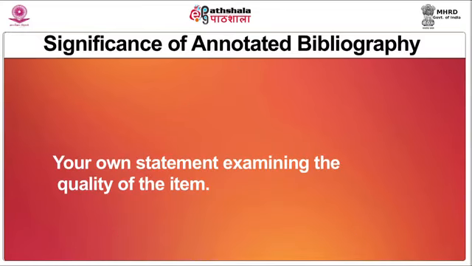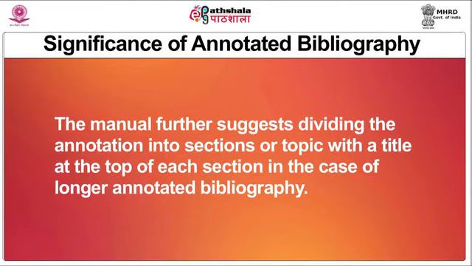Alphabetize references. An annotation should include your own statement examining the quality of the item. The manual further suggests dividing the annotation into sections or topics with a title at the top of each section in the case of a longer annotated bibliography.